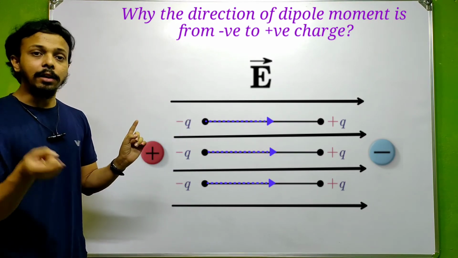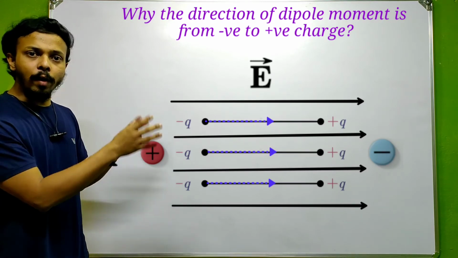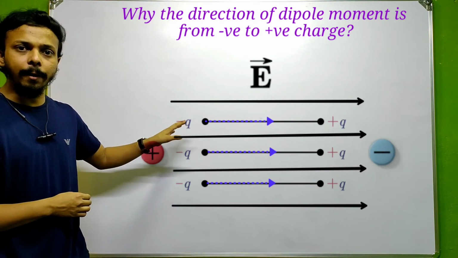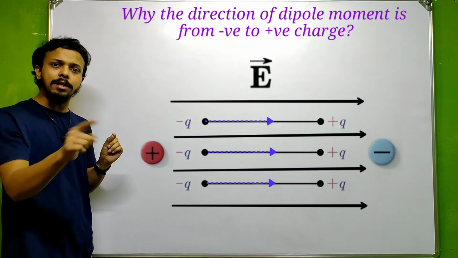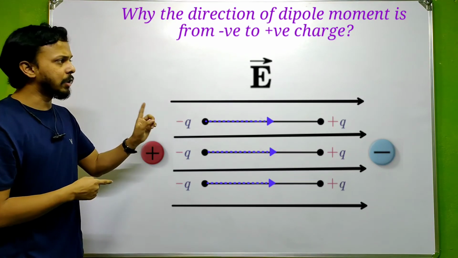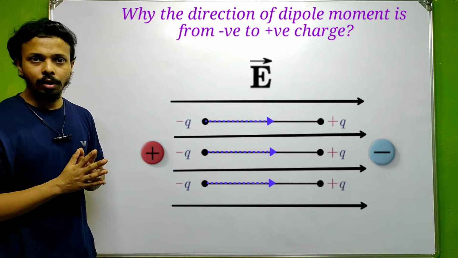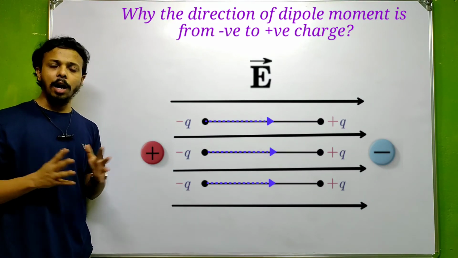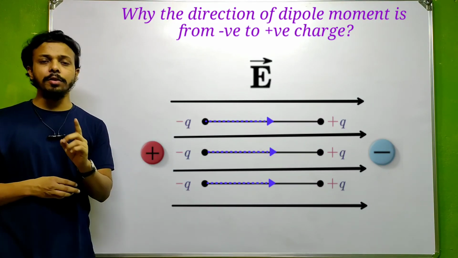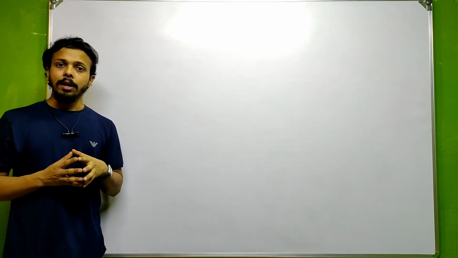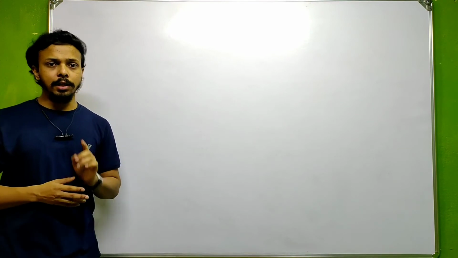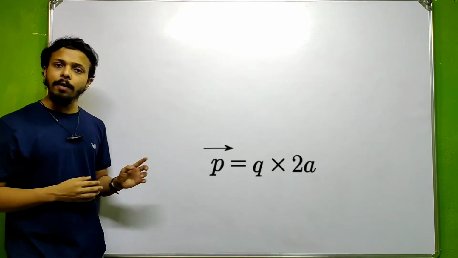That indicates the direction of the electric field when the dipole is placed in a uniform electric field. So the direction of the electric field is nothing but the direction of the electric dipole moment, which is from negative to positive. I hope you understand why the direction of the electric dipole moment is from negative to positive.